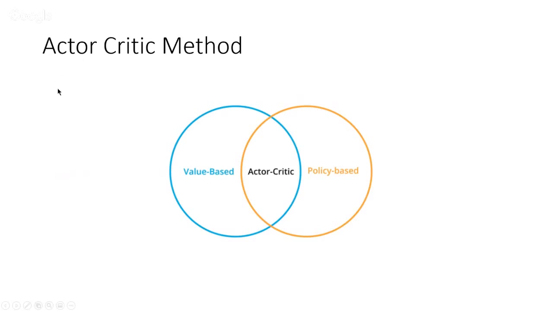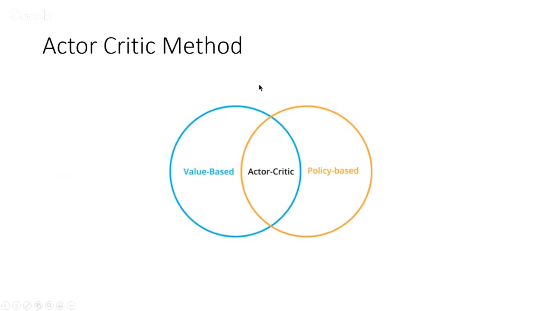The actor network determines the actions given an input of state or state action pair. So as you might have guessed, this actor will be based on policy based method, and the critic network determines the value of taking that action. And so this critic network will be based on value based method.